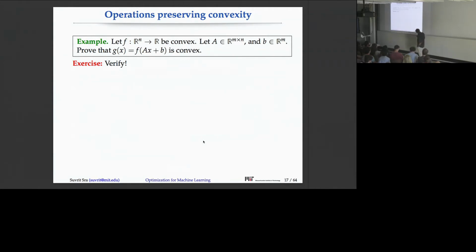Sounds slightly fancier, but it's linear plus some shift. Then you remain convex. So this is pretty cool. You could already see my analogy to linear algebra there, that convexity seems to play okay with a little bit of linear algebra.